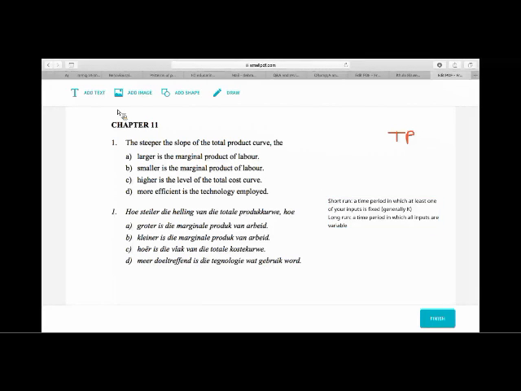So if you're a business operating in the short run and you want to increase your total product, so you want to increase the amount that you're producing, because your capital is fixed, there is only one way that you can do this, and that is through increasing the amount of labor you employ. So only through increasing the amount of labor you employ can you increase your total product.